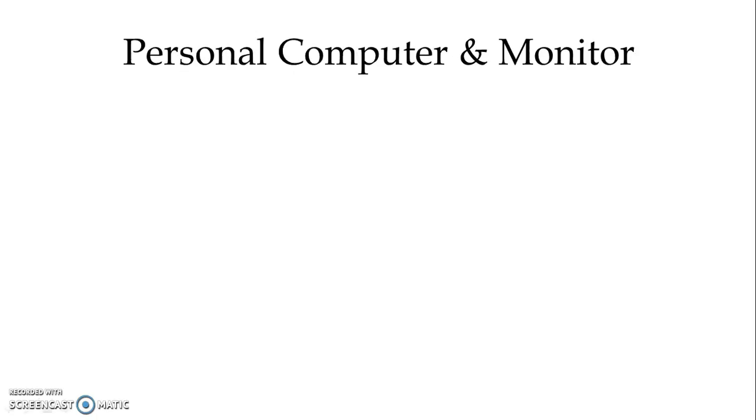Now let us consider personal computers and monitors. A personal computer or monitor takes very little current, hardly 2 amperes. But in multi-story or high-rise buildings and commercial installations, we have numbers of personal computers and monitors installed. So the collective effect of all the personal computers is very drastic.